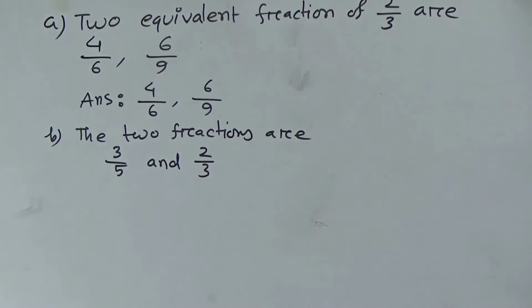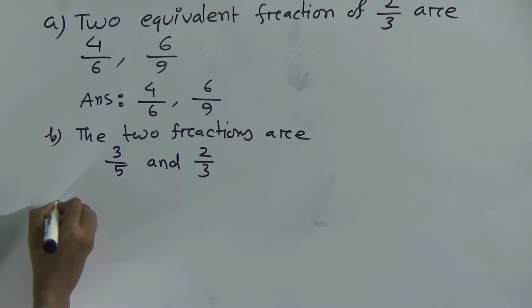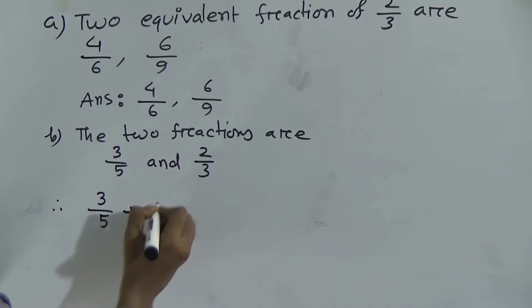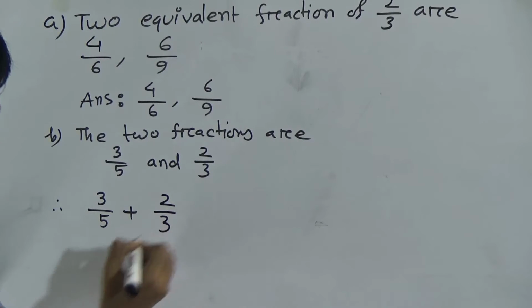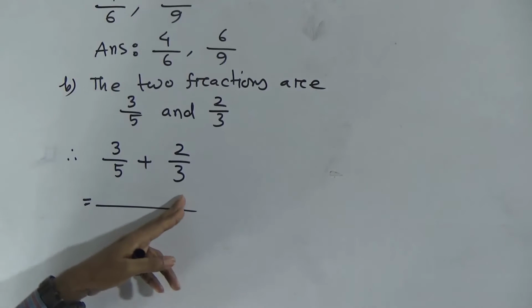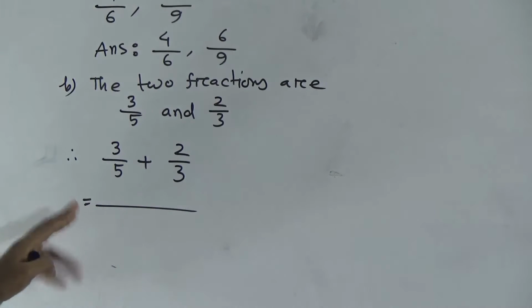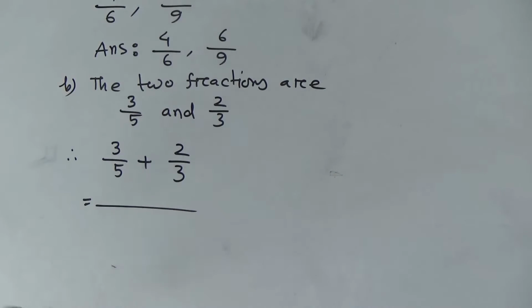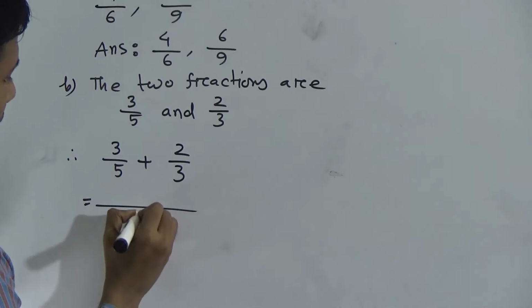We have to add the above two fractions. Therefore, 3 by 5 plus 2 by 3. Now we have to add this. You know what is the LCM of 5 and 3? There is no common factor between 5 and 3. So our LCM will be 15.